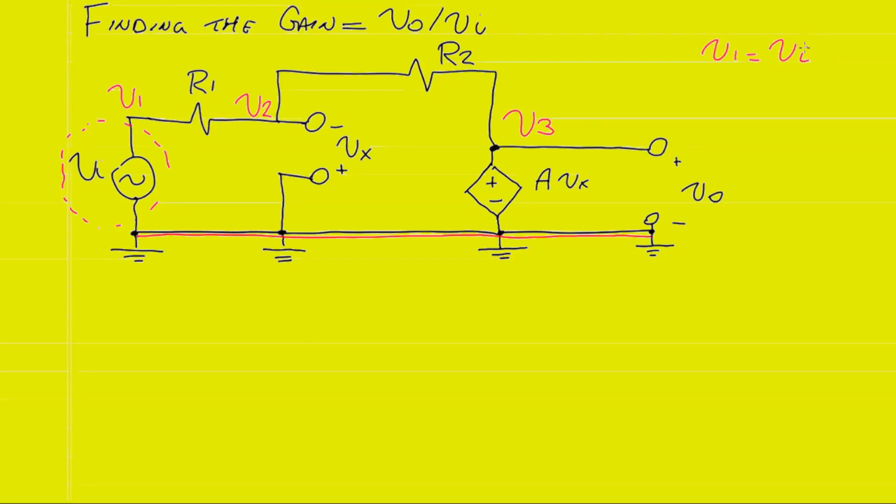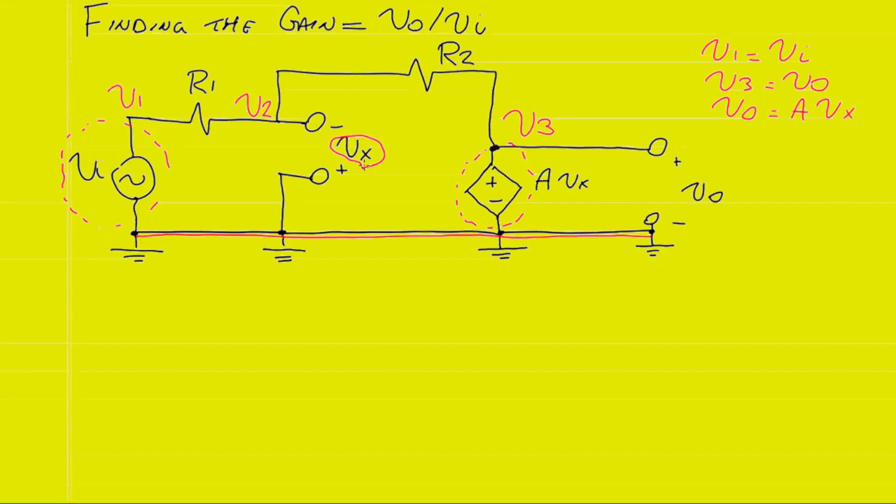The second supernode we notice is at the output, where we can see that V3 is actually our output voltage directly. The other thing we can see is the output voltage VO will simply be equal to A times Vx, where Vx is this voltage here.